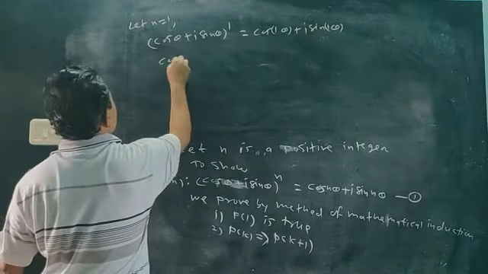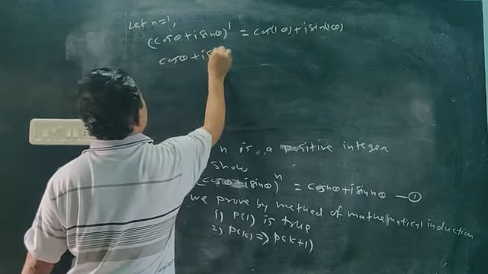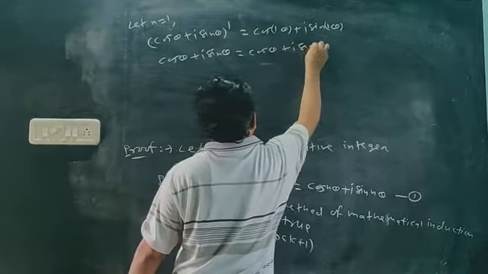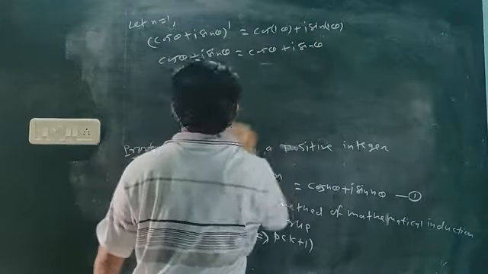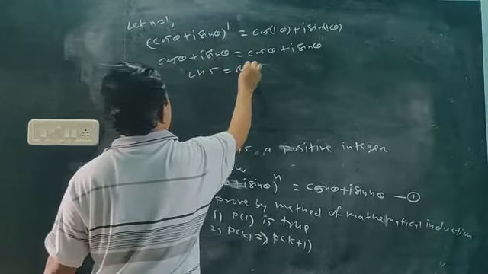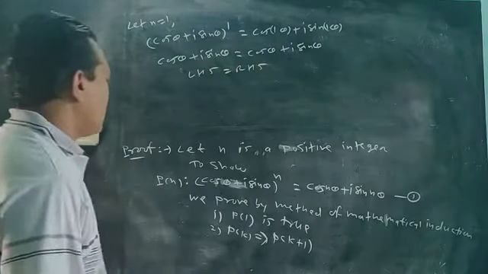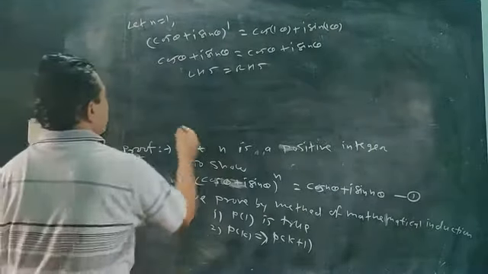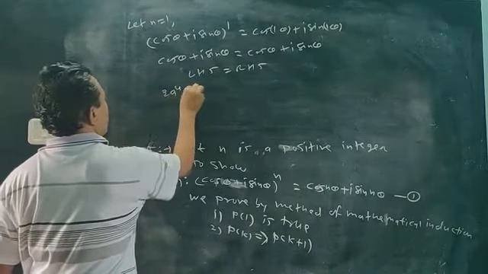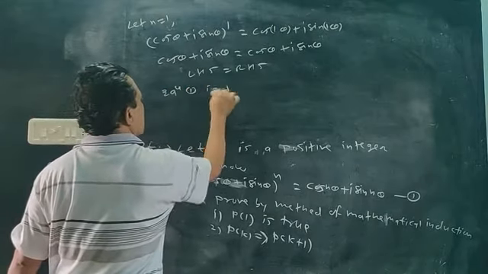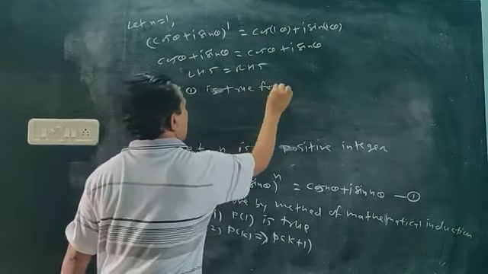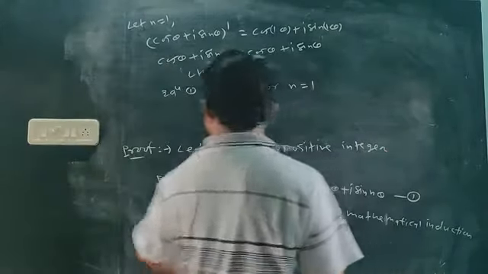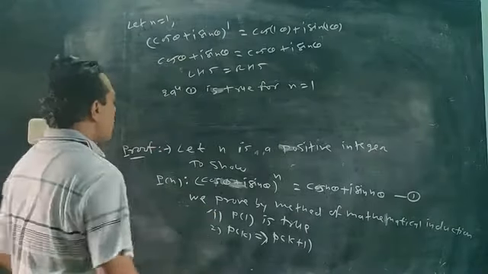Raised to power 1 means the same, cos theta plus i sin theta, and 1 theta means only theta, plus i sin theta. See, left side and right side are equal, LHS equals RHS. That means equation 1 is true for n equal to 1. The first point is clear, so P1 is true.